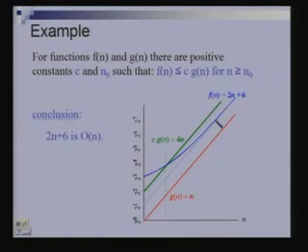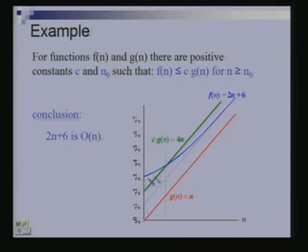Now you might be wondering why 2n plus 6 is a non-linear function here. That's because the scale here is an exponential scale. So it's 2 to the 0, 2 to the 1, 2 to the 2, and so on, and similarly on this axis. So this is n, and this blue line here is 2n, and this is 4n.